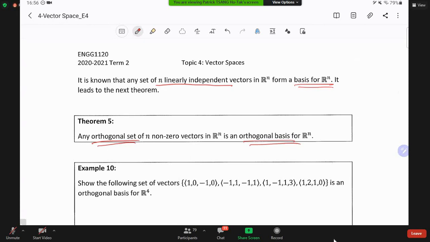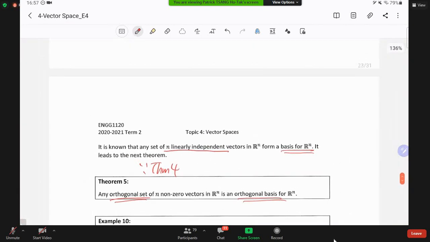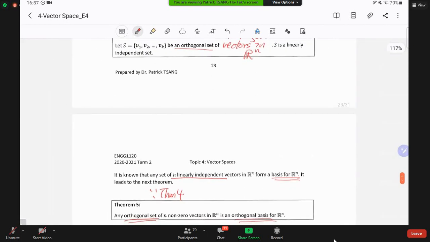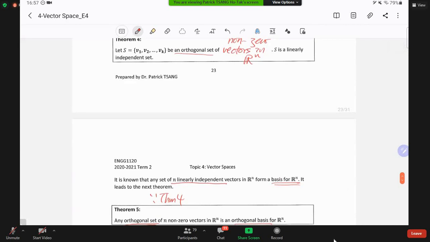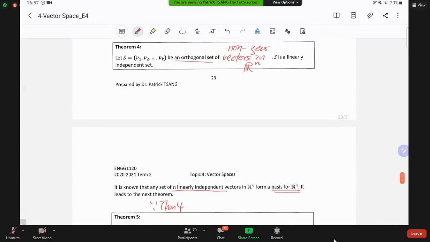Why can I say so? Since theorem 4 told us a result. Let's show it at the same time. Theorem 4 tells us that S is an orthogonal set of some non-zero vectors, right? And then the set will be linearly independent.